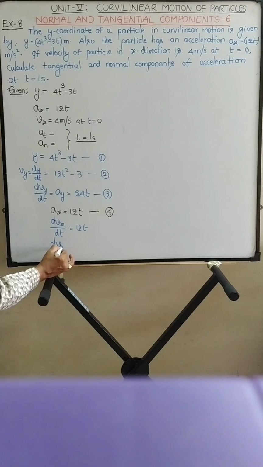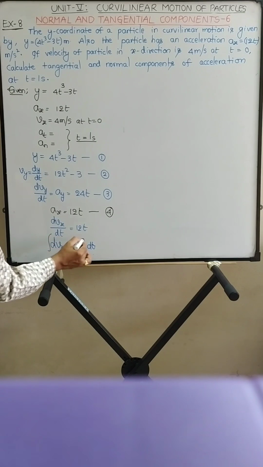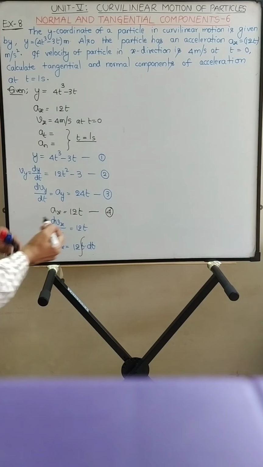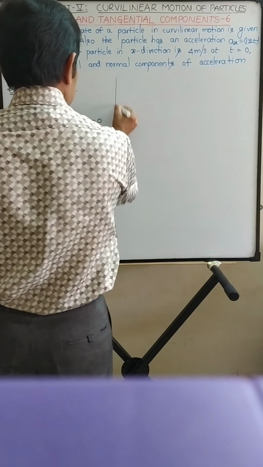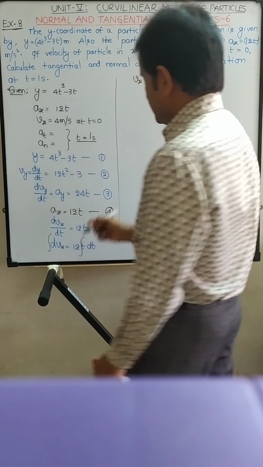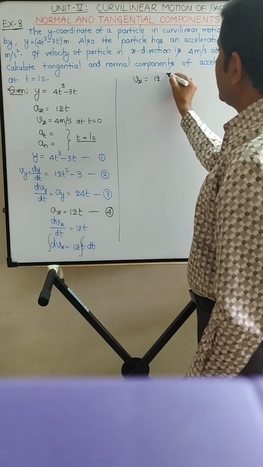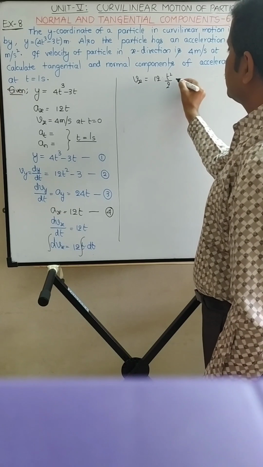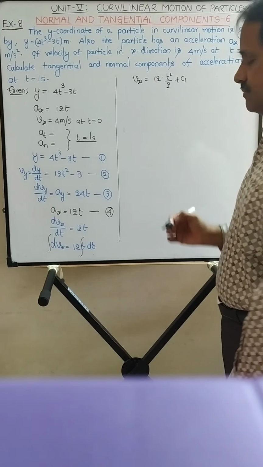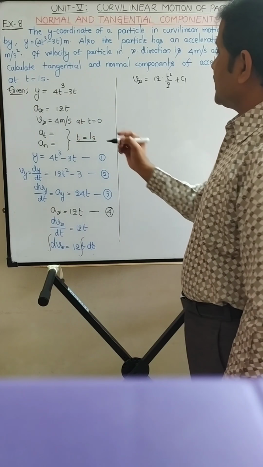So dvx is equal to 12t into dt. Integrating, we get vx is equal to 12 into t square by 2 plus constant of integration, which we can find out from the initial condition.